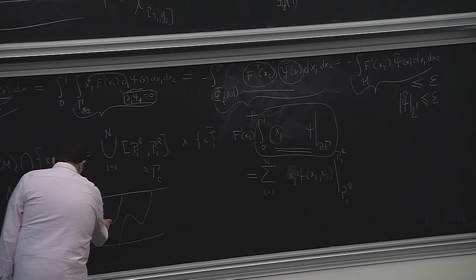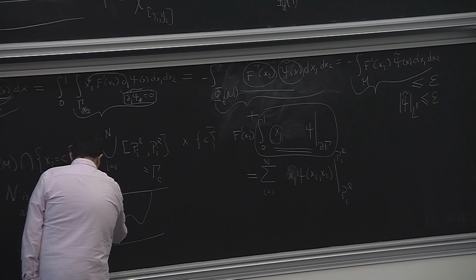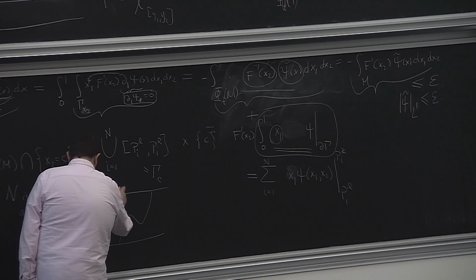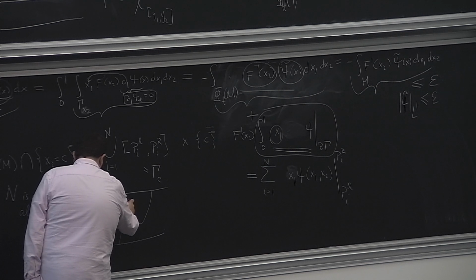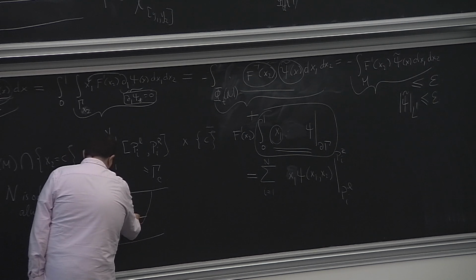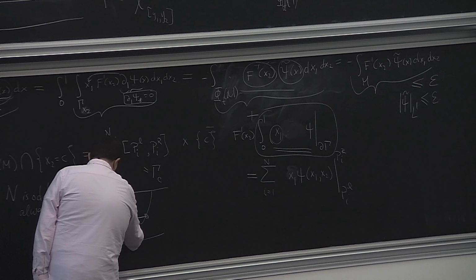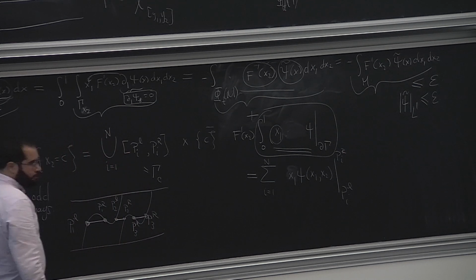This is P1R. So I'm just going to do the case of 3, and then you'll kind of see how it goes. This one is P2L. This is P2R. So you're looking at the interior pieces. This is P3L, P3R. Okay?